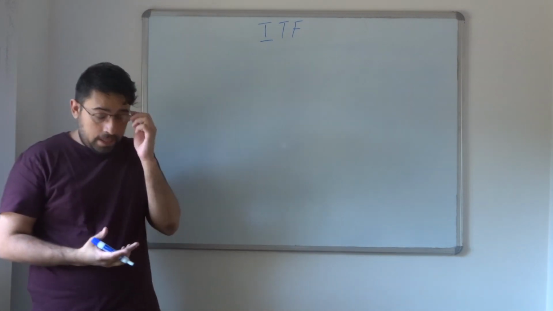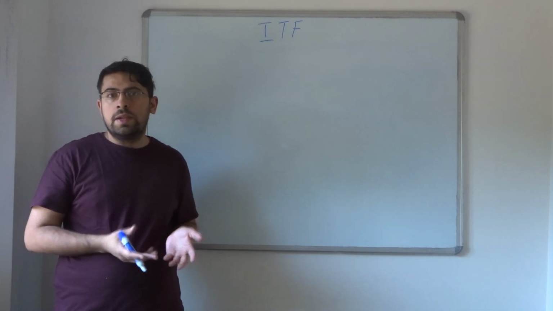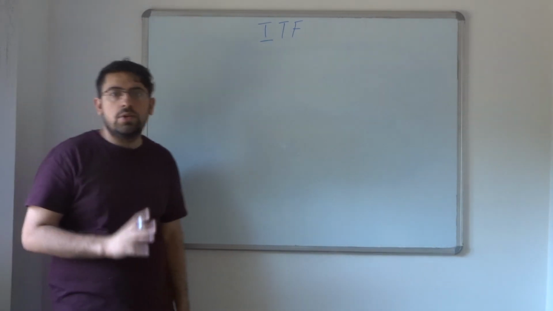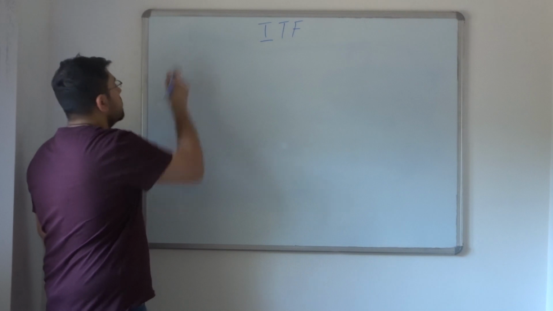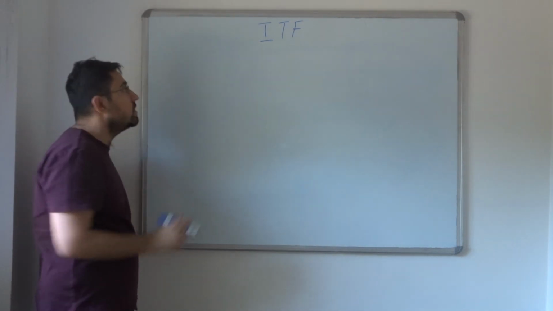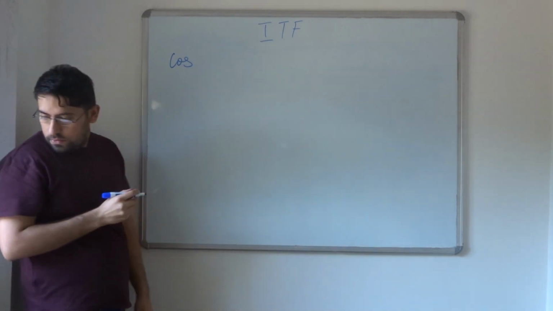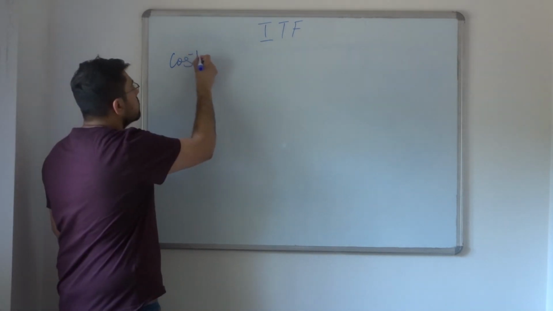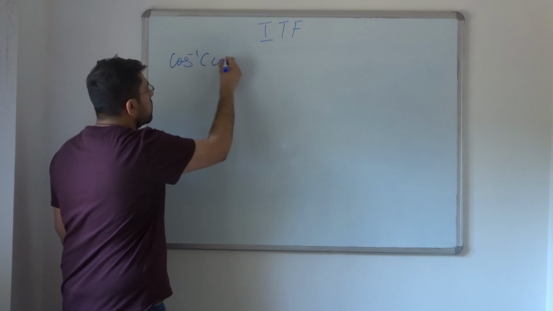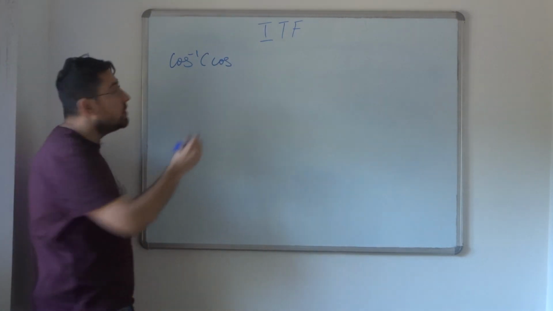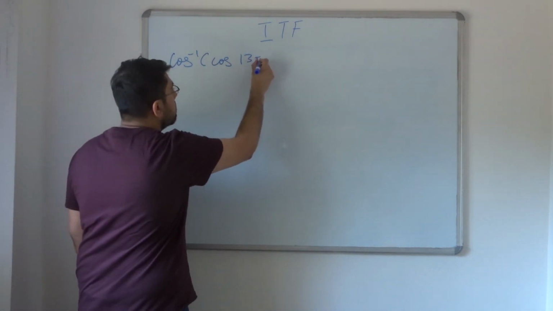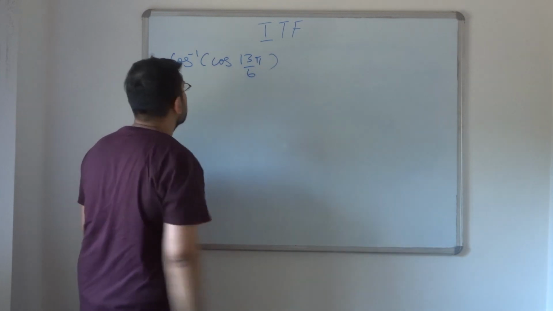If you don't understand what I mean, I'll give you an example. So let's do this question. This question is a little tough, so do it carefully. Okay, cos 13 upon pi by 6.